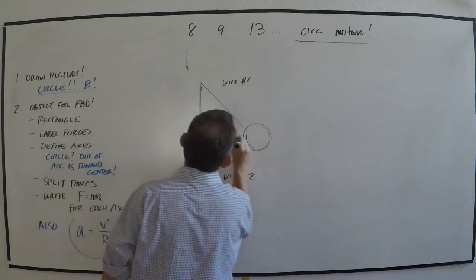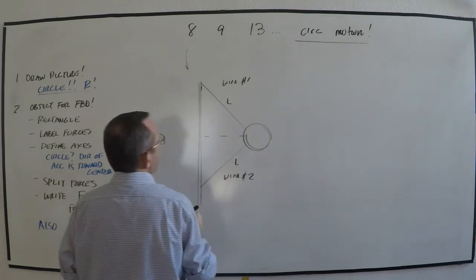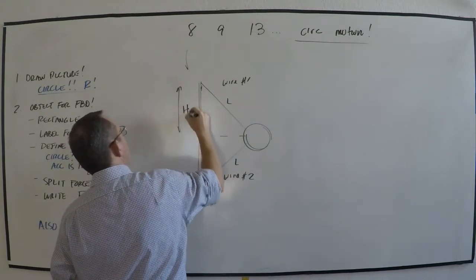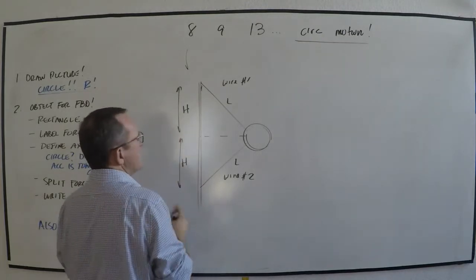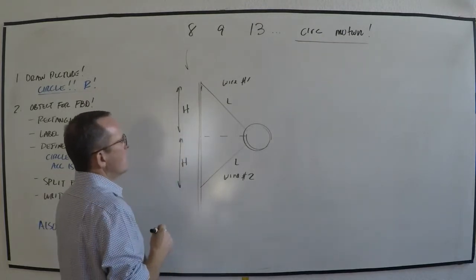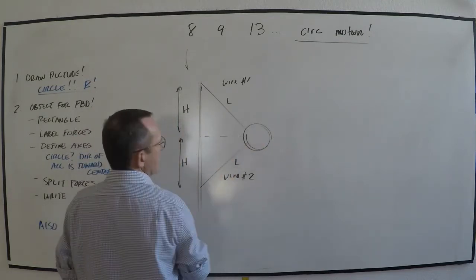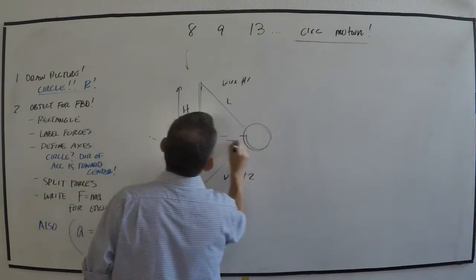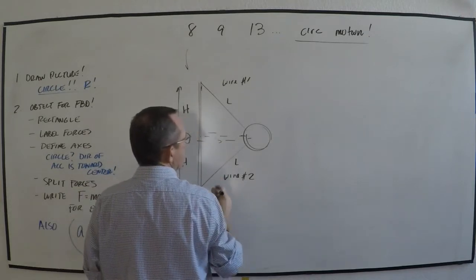This is length L, this is also length L, and I'm going to call this height H, and this height H. They give you those. So here's our picture, and what you're told is this guy is swinging around, kind of like a tetherball, except it also has a wire here. So here is going to be the circle, like this.